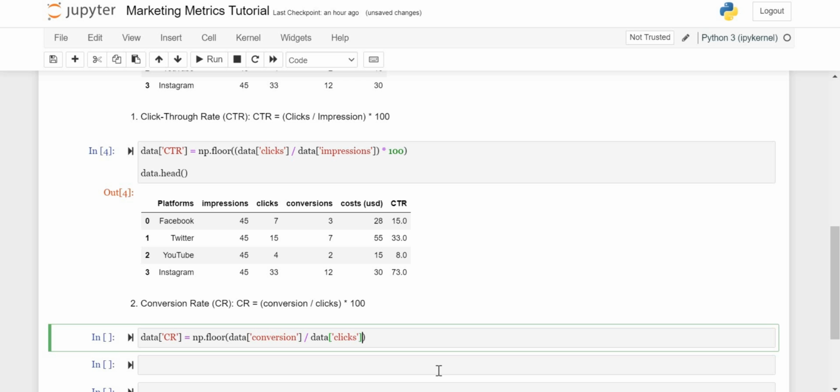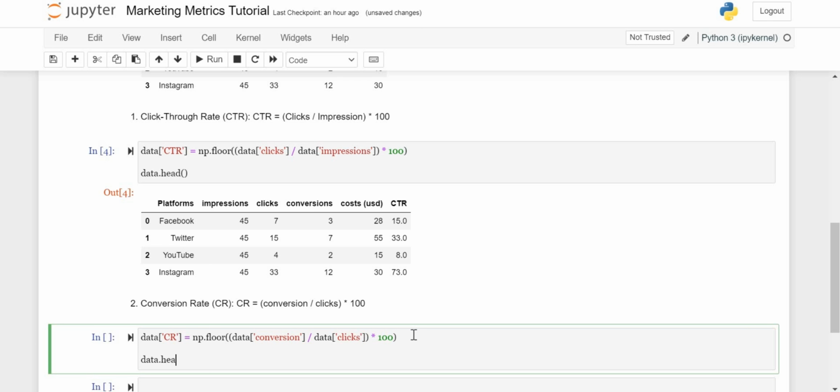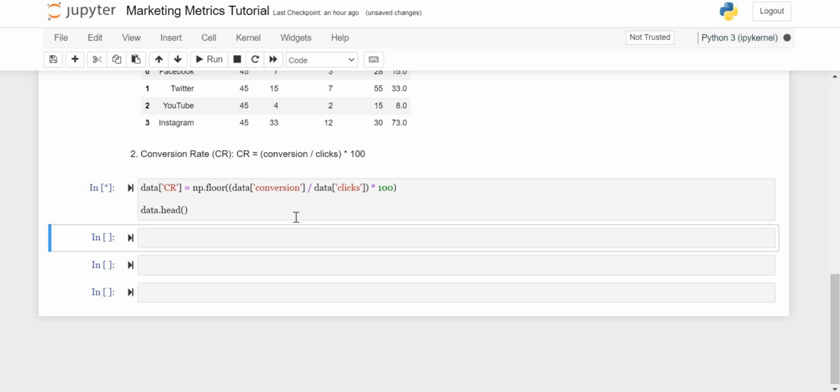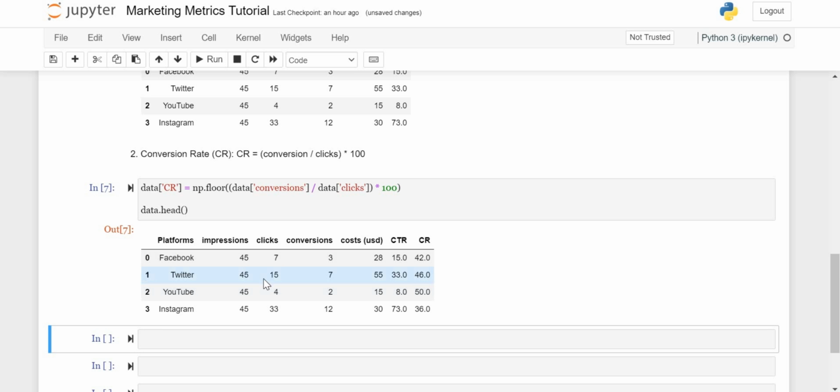Okay, then multiply by 100. So multiply by 100, and we have this one here. So let's view the data and see if it's already added. Yeah, so it's added already, and we have CTR and CR already included in our data.